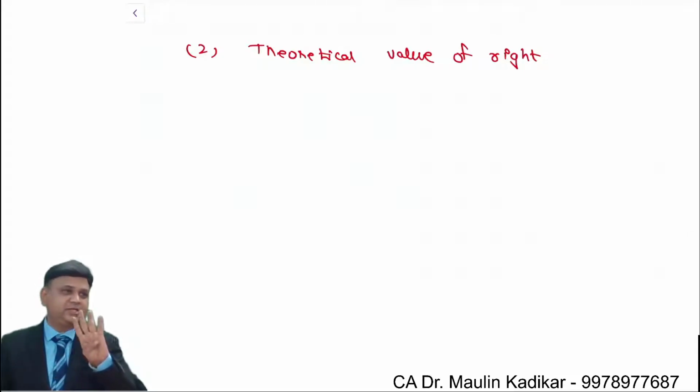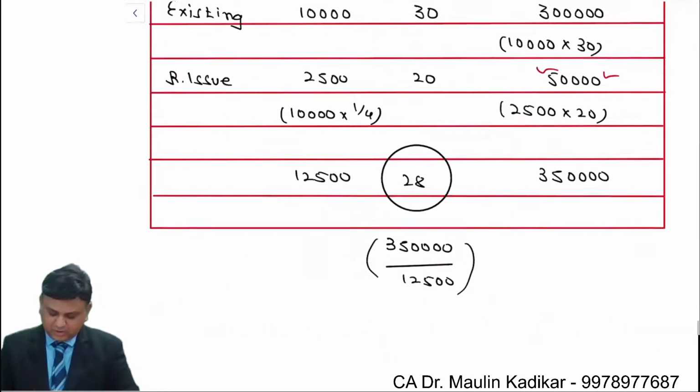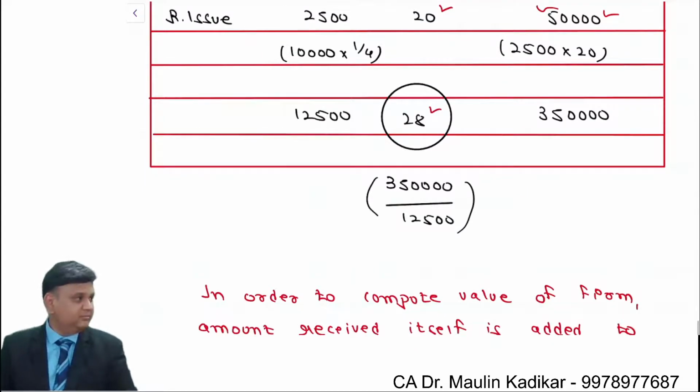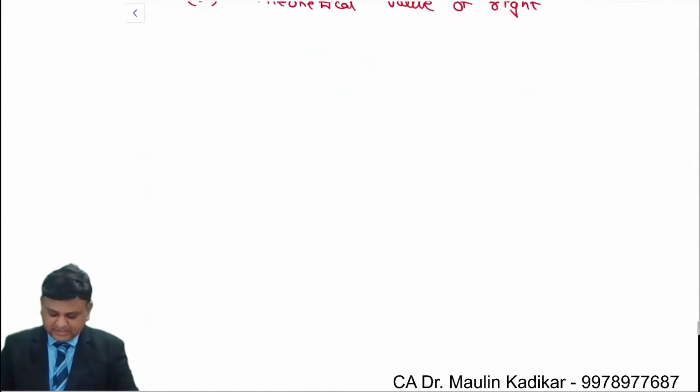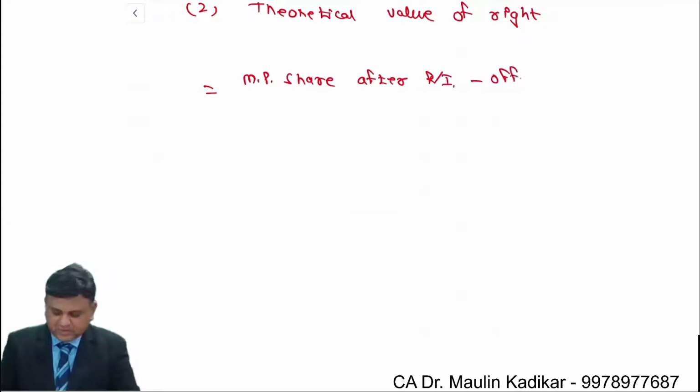Suppose I am holding 4 equity shares of the company. Then can I say that I get an opportunity to purchase the equity share for rupees 20, and soon after the right issue, I can sell it for 28. Okay. So we understand that over here, listen carefully, market price of share after the right issue minus offer price, divided by number of shares.